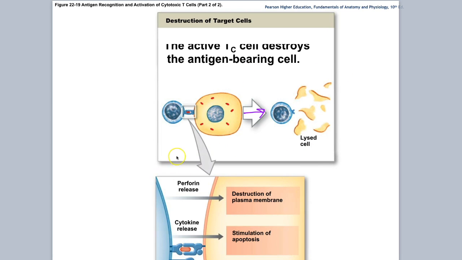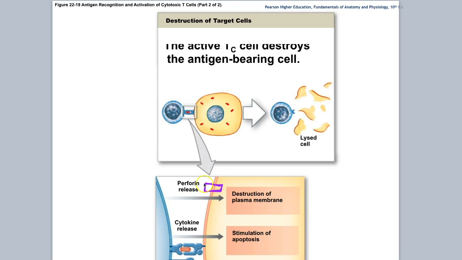There's a few ways this can happen. Here's two of them. One way is perforins. Think back if you remember what perforins are. Perforins are used by the NK cells, the natural killer cells, to create a pore in the plasma membrane. Let me erase that. Okay, so we've got a little pore here now in the plasma membrane of our infected host cell.